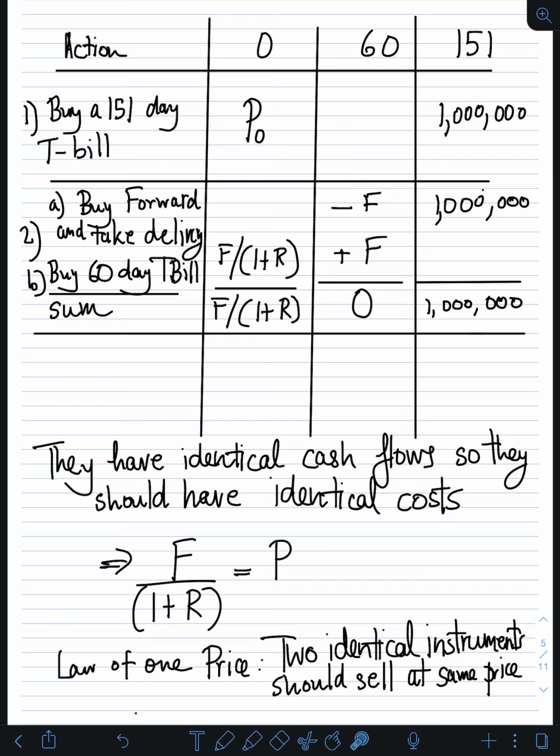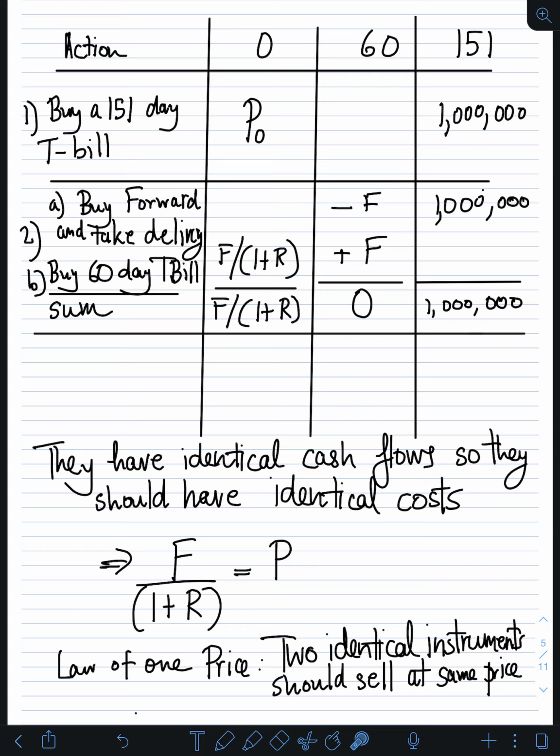What does that mean? That means that it's a cash outflow. You're paying out a value F, and at the same time you're buying the 60-day T-bill today that has a value F in 60 days. So the total intermediate cash flow is actually 0, because you got a value F, but you used that value F immediately to buy the 91-day T-bill.